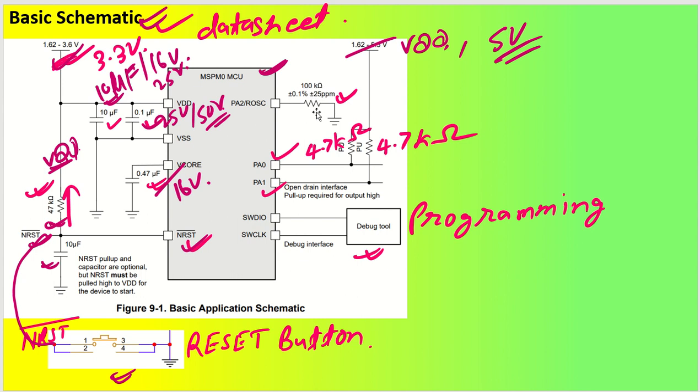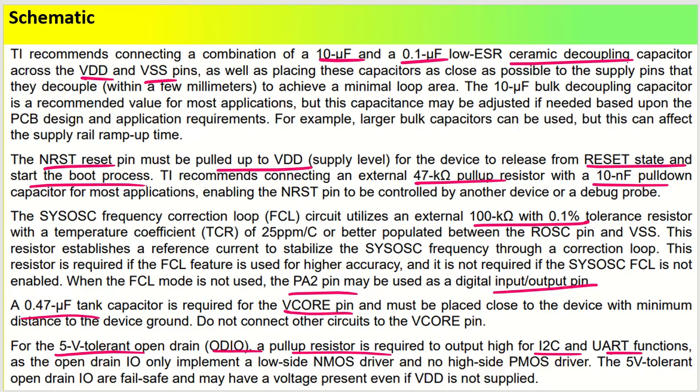Otherwise, if you want, you can utilize an external oscillator as well, so that it can generate your frequencies. All these parameters have been explained on only one page. So I recommend you to read this particular page in your data sheet, which will be the schematic.